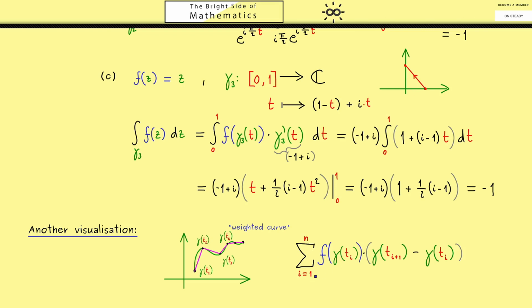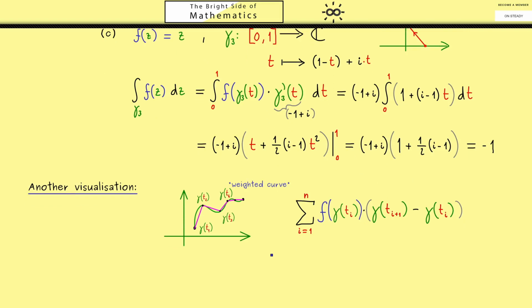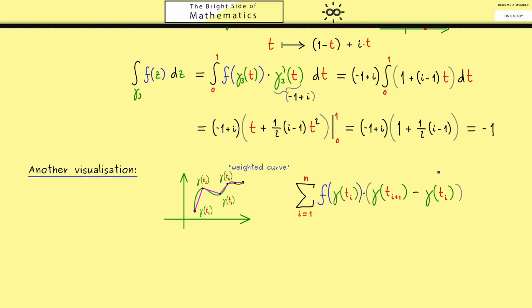Now, we don't go into the details here, but the idea would be that we send n to infinity. Hence you see, the idea here is that we make the partition finer and finer, such that the approximation gets better and better. Therefore, you should see that this construction here is related to the ordinary approximation of a Riemann integral.